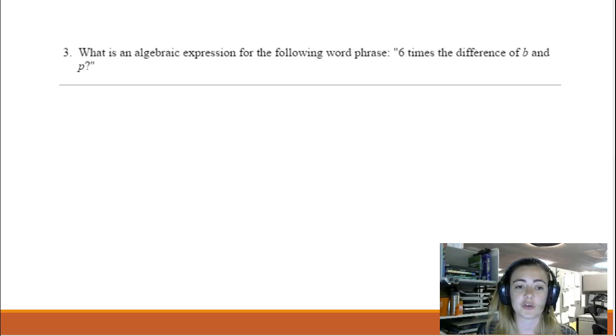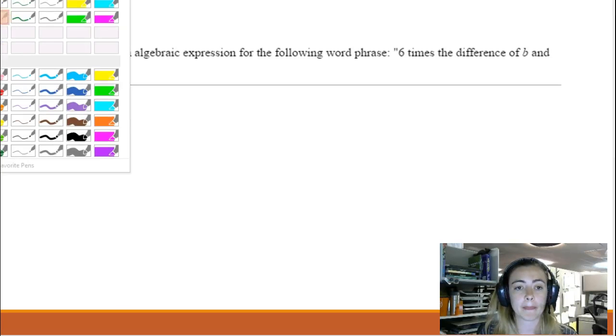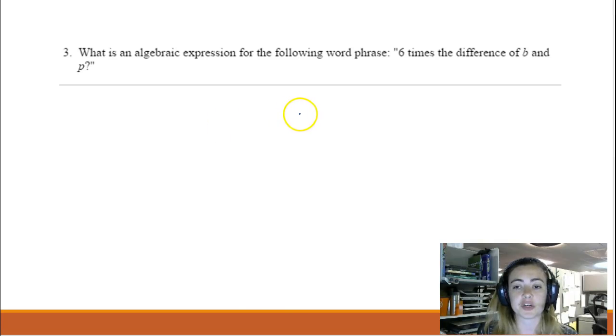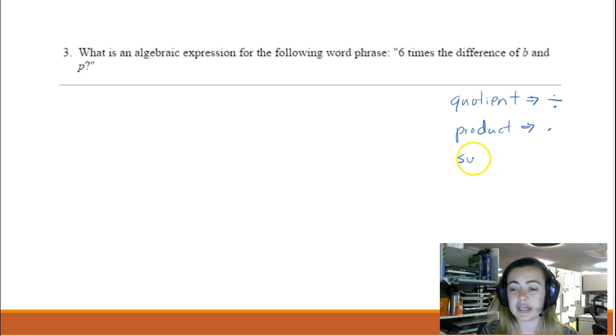For the next question, question 3 here, write an algebraic expression for the following word phrase: 6 times the difference of b and p. Remember some of the vocab terms maybe you've heard before, maybe they were new, but words like quotient, which means divide, product, which means multiply, sum, which means addition, and difference, that means subtraction.